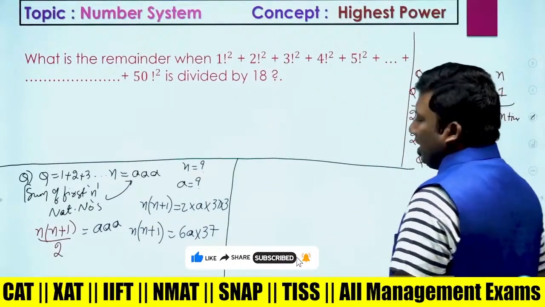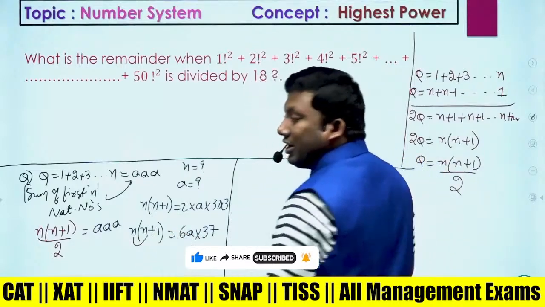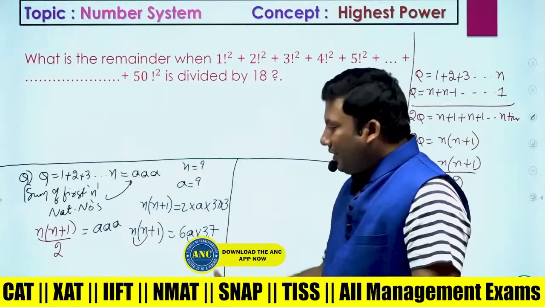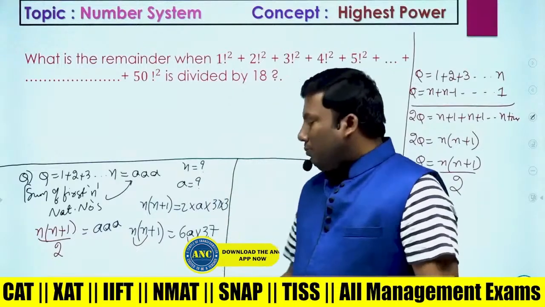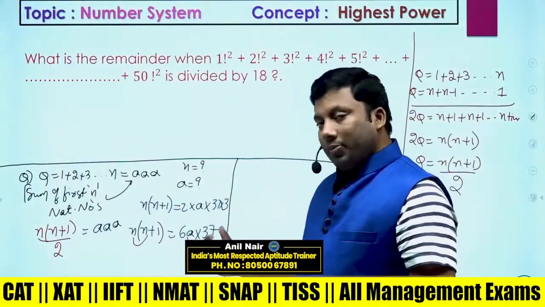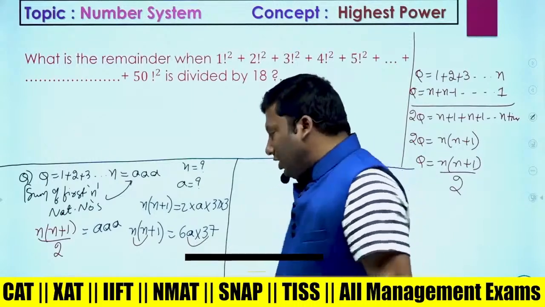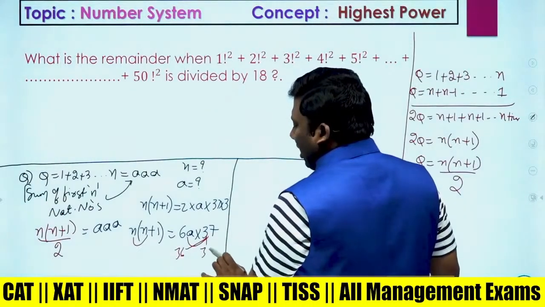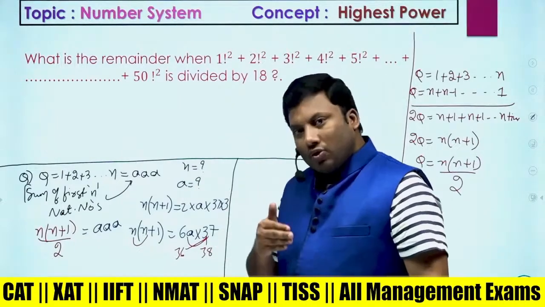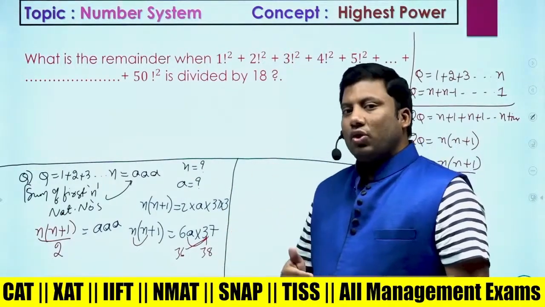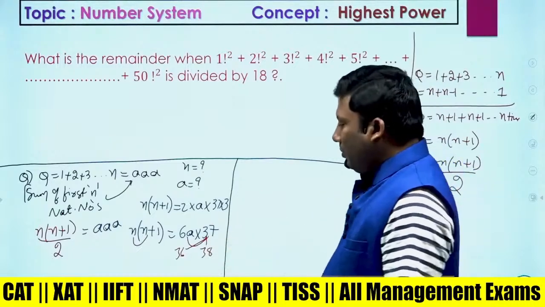Now, if you see here, n and n plus 1 are both consecutive numbers. So 6A and 37 should also be consecutive. What is the consecutive number to 37? Either it can be 36 or 38. 37 could be the first number, next number will be 38. 36 could be the first number, next number could be 37.